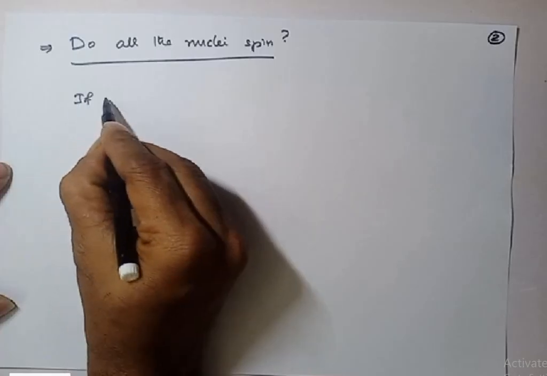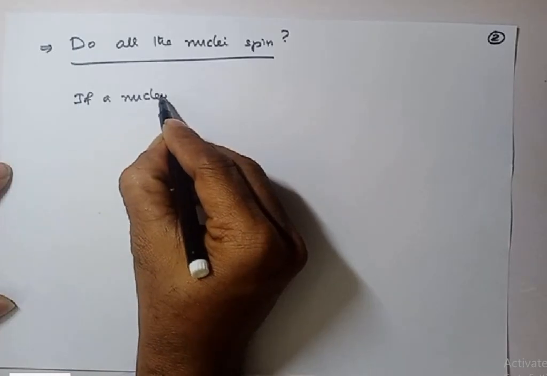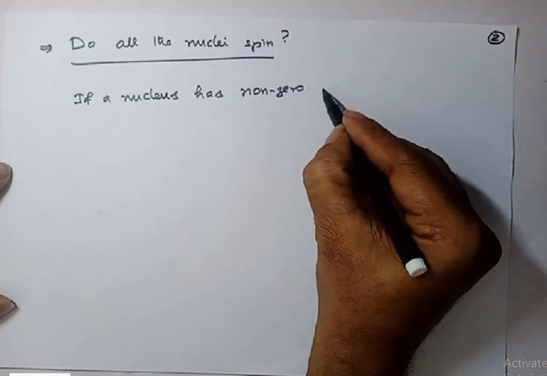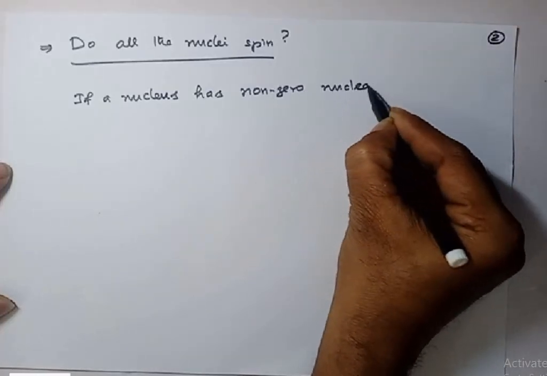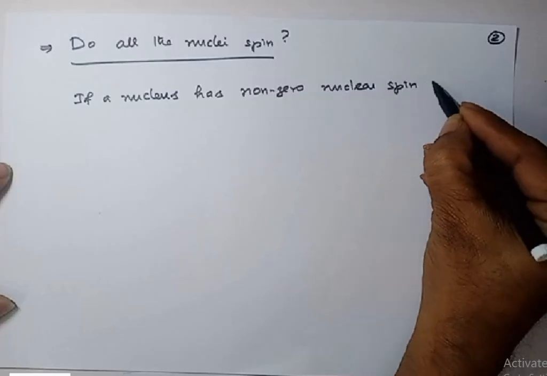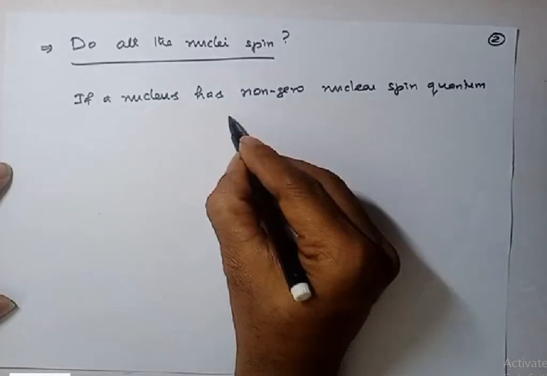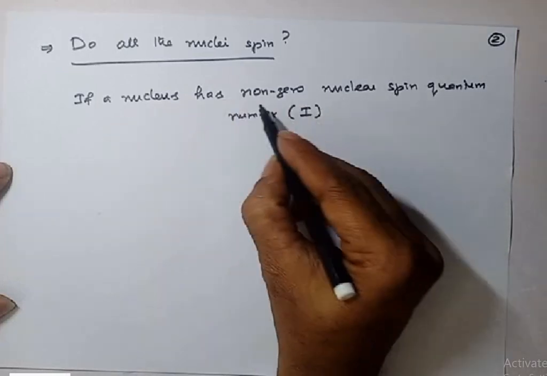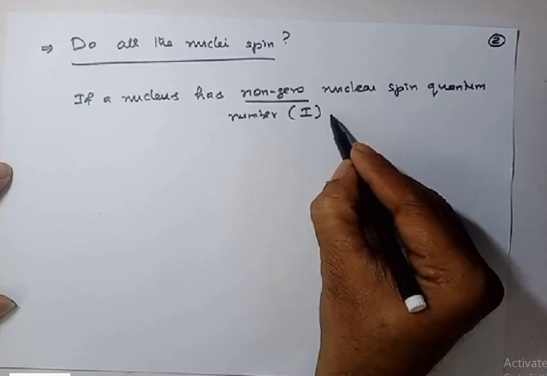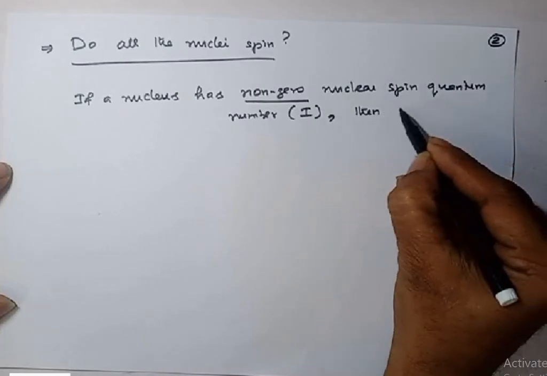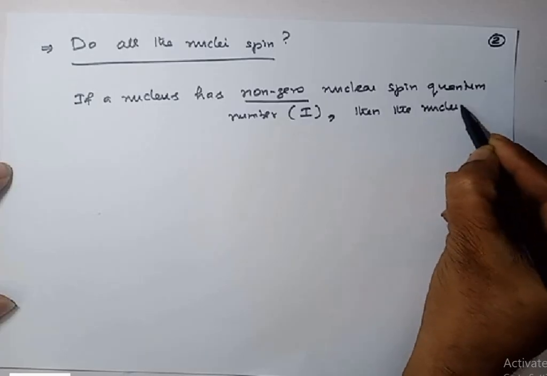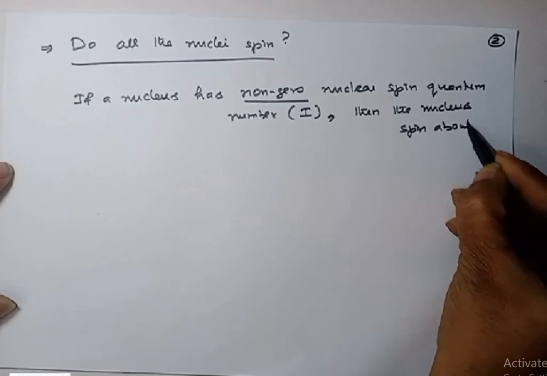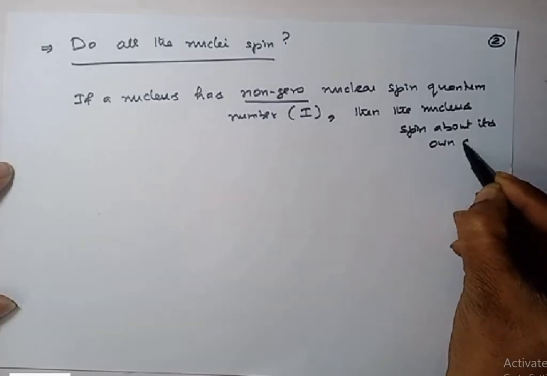If a nucleus has non-zero nuclear spin quantum number, which we represent by the symbol I, then the nucleus spins about its own axis.